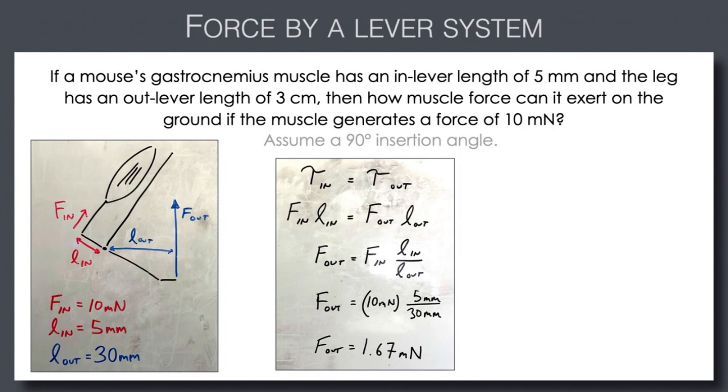Is there a preferable unit that you need to use? Like, what if instead of millinewtons, you went to centinewtons or micronewtons? No, as long as you're using SI units, you're good.